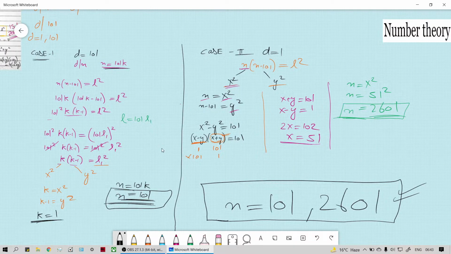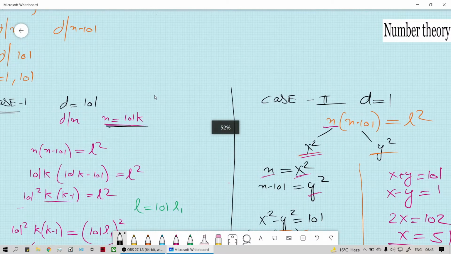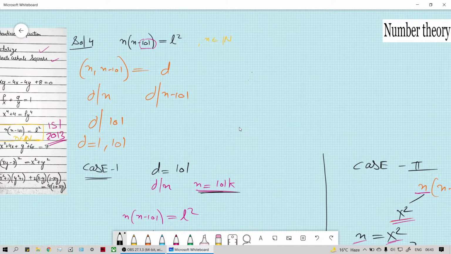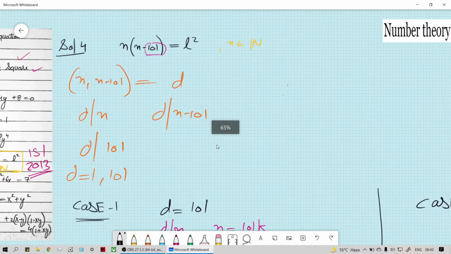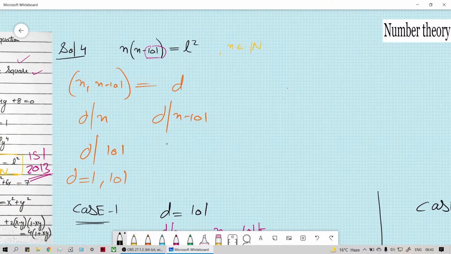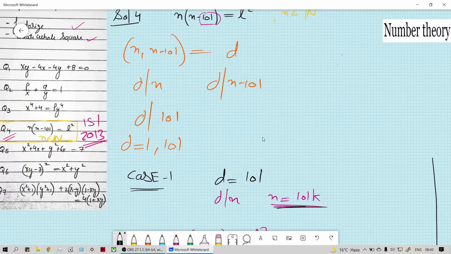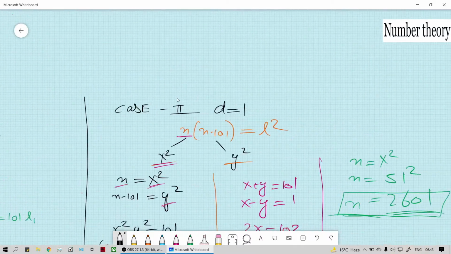Now let's talk about how we would have solved it if we had chosen the method of bringing this number on the right hand side and factorizing the left hand side, the method through which we solved these problems. So let's look at that method now.